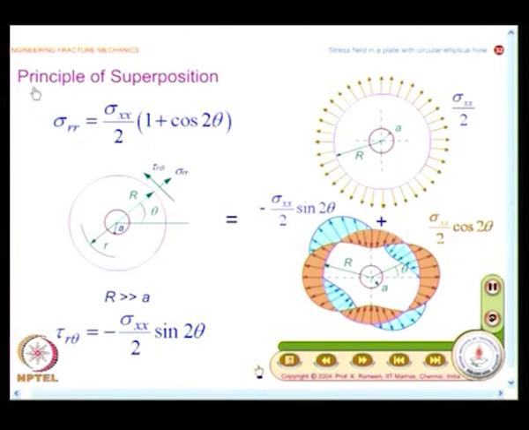So, that is the reason why I thought that I should emphasize that the principle of superposition has been used even in your conventional theory of elasticity approach. It is not something new. The strength comes from your linear elasticity, that is what is important.